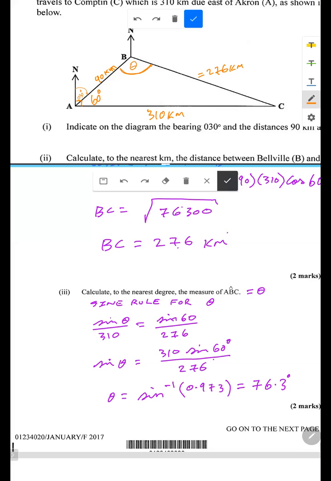Yes, I'm getting 76.6 on my calculator here. Depends on how you do it, sir. That's what I got, 76.6.